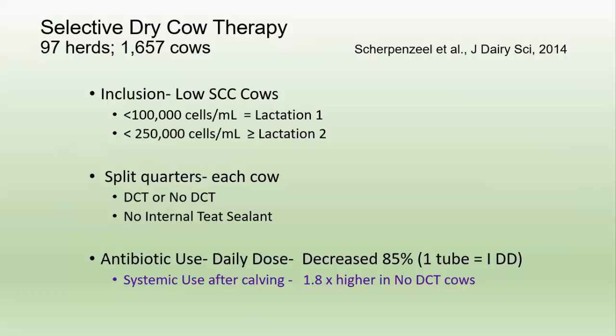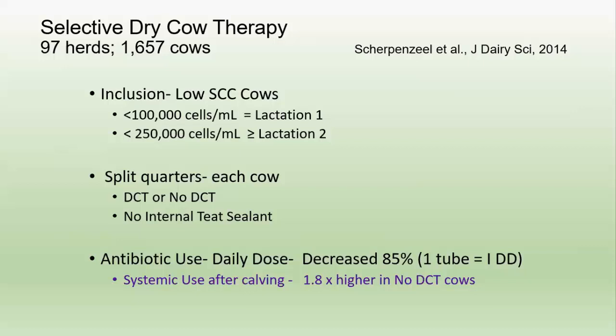In this study, any cows who were in their first lactation but had a somatic cell count at dry off less than 100,000, very likely not to be infected, were not treated. There was a higher bar for older cows. In this case, an older cow had to have a somatic cell count less than 250,000 in order to be included in the non-treatment group.